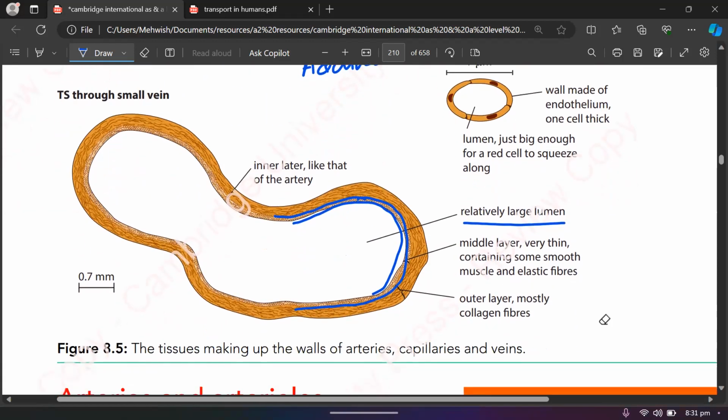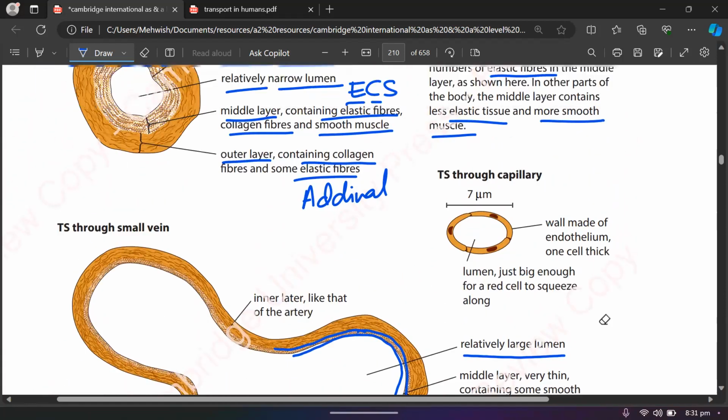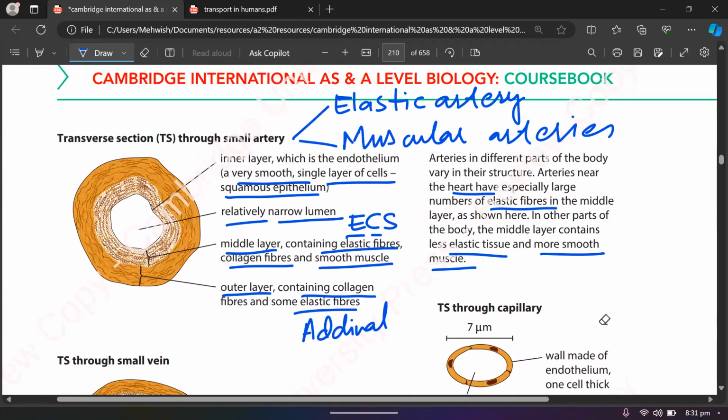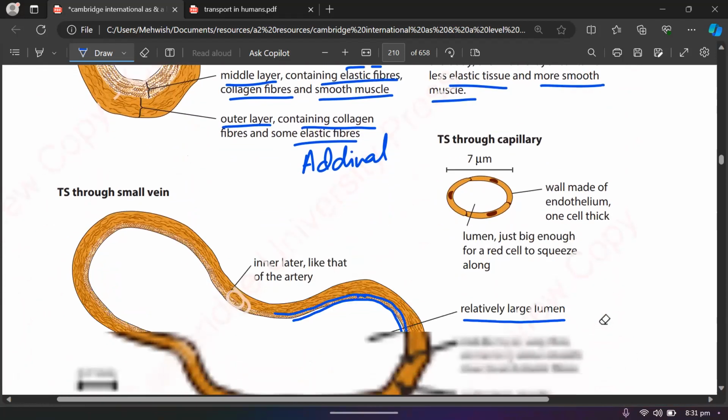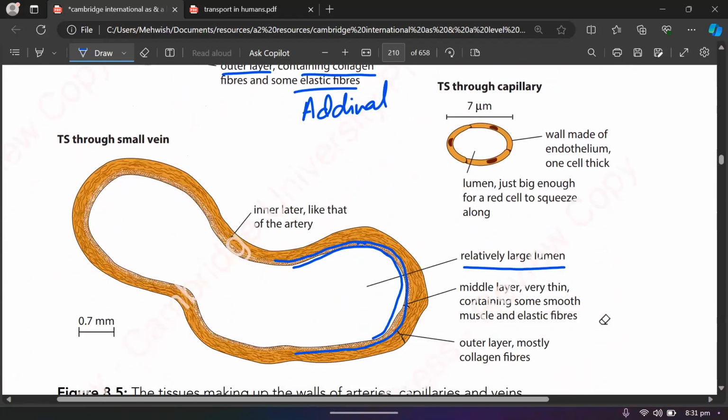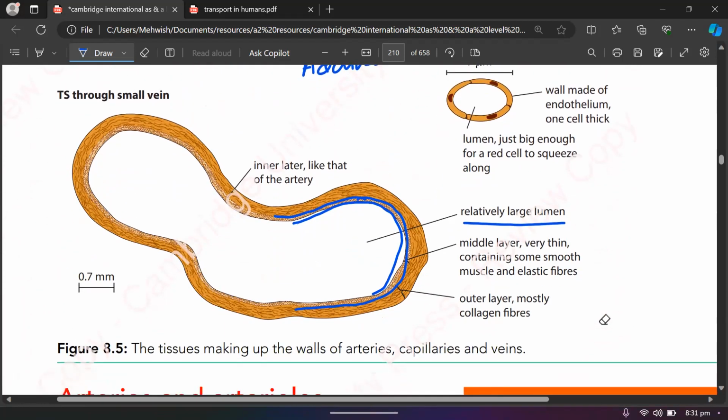So we can say that they have less muscular walls, whereas an artery has more muscular walls. Arteries have a narrow lumen, whereas a vein has a bigger, or wider, lumen.